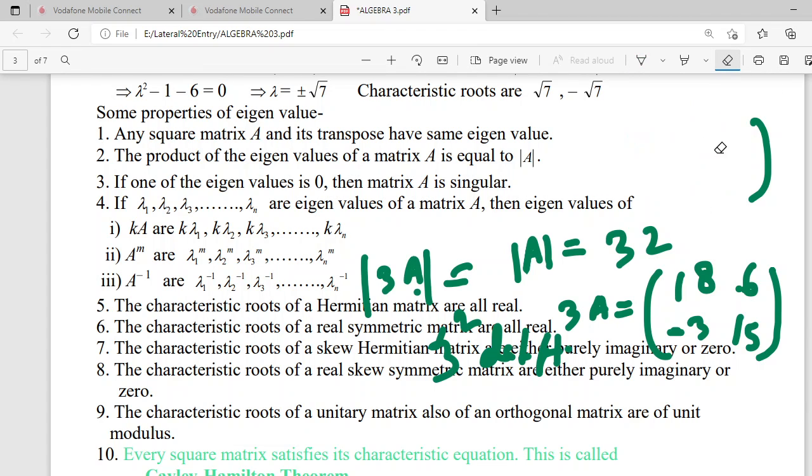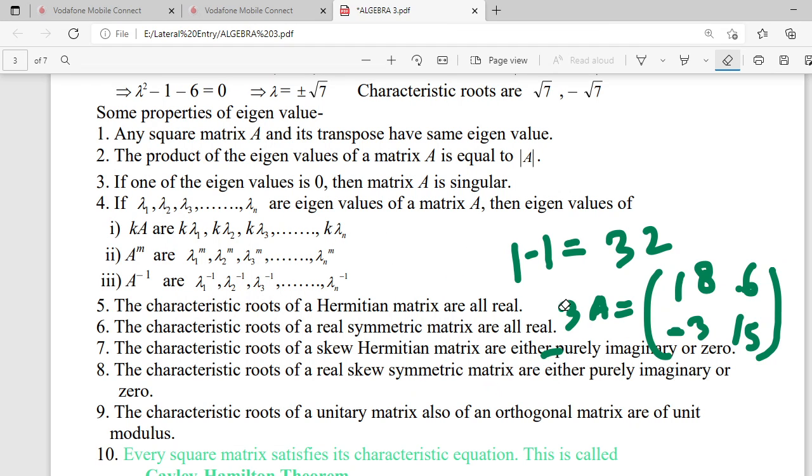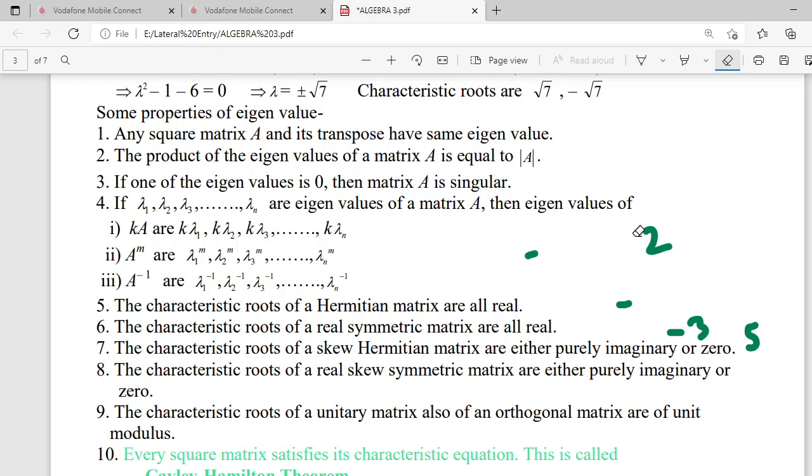So when we now use this property of characteristic roots, determinant A is the product of all the eigenvalues or characteristic roots.